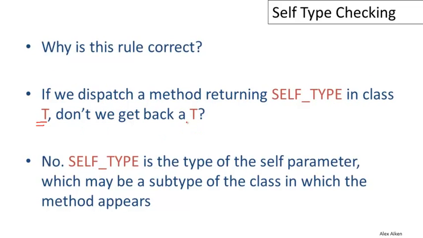And even though we're dispatching to a method in class T, the self parameter still has type T0. And recall that T0 is a subtype of T. So we use the static dispatch to reach a method definition that's hidden potentially by overridden methods in the subclasses. But that doesn't change the type of the self parameter. The self parameter still has type T0, even though we're running a method in a superclass of T0.